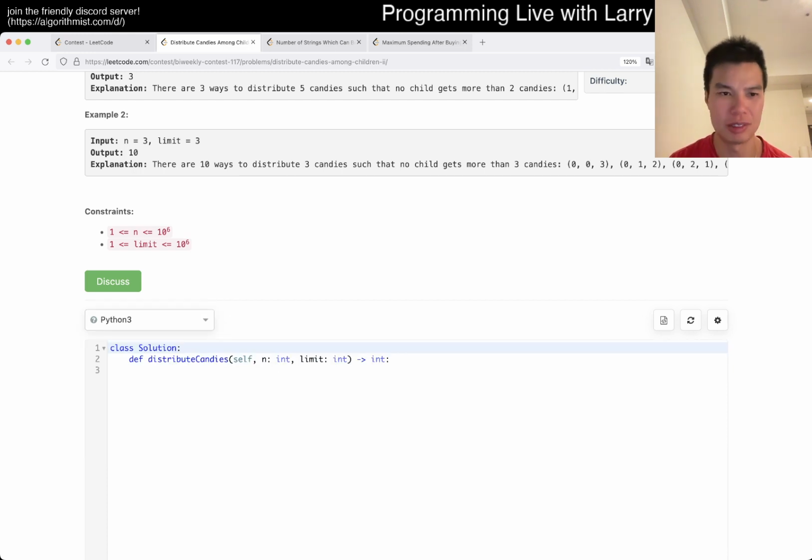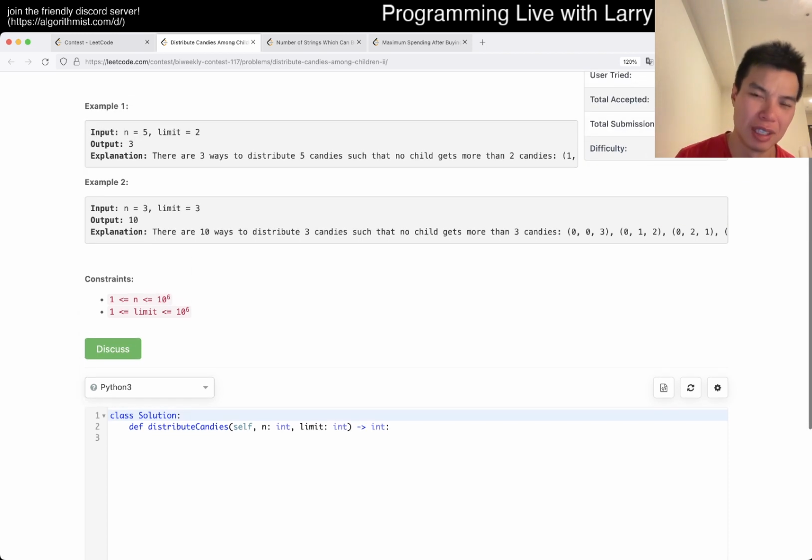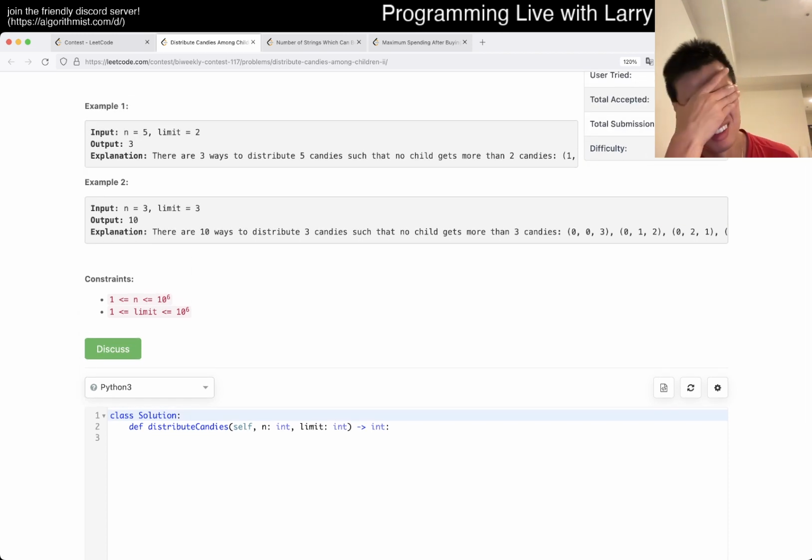I guess n choose 3 is 10 to the 18th, but still at most, or n cubed anyway, which sucks for you JavaScript people, but, man, my math is so weak today.